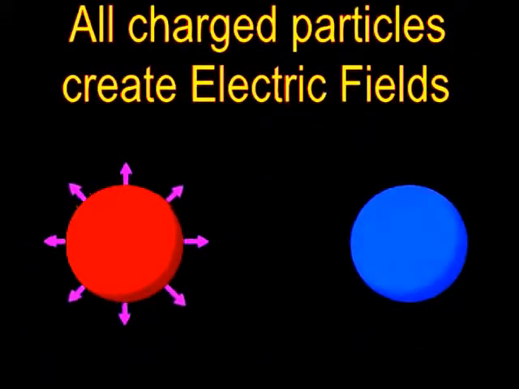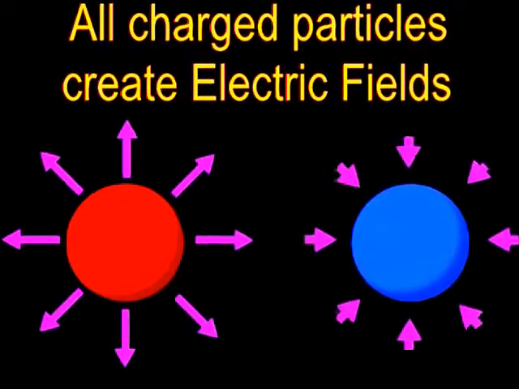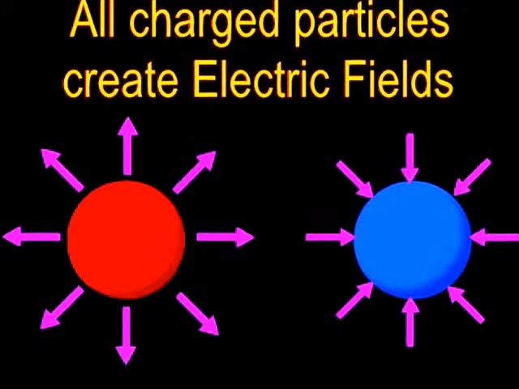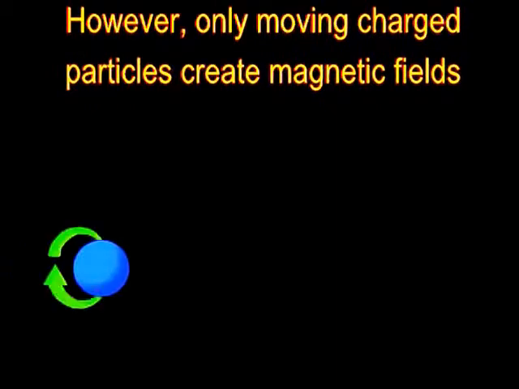All charged particles create electric fields. However, only moving charged particles create magnetic fields.